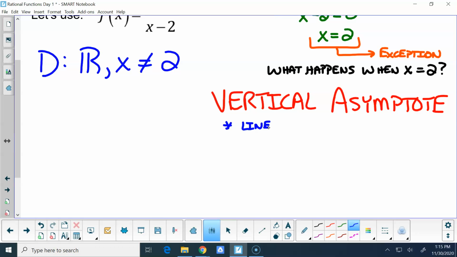But it's a line that the function cannot cross. It's kind of like a boundary. It's a big wall. That function cannot cross it.